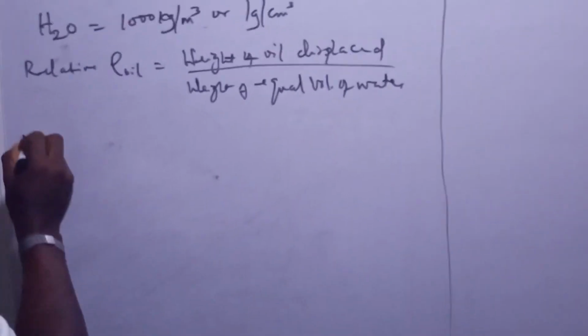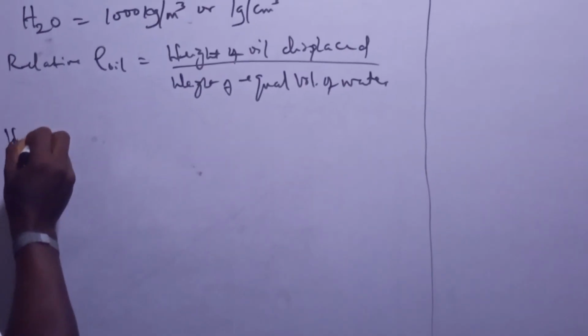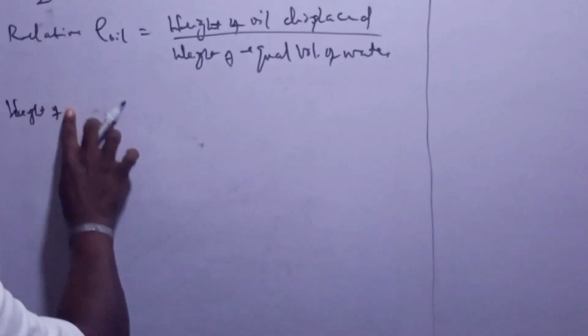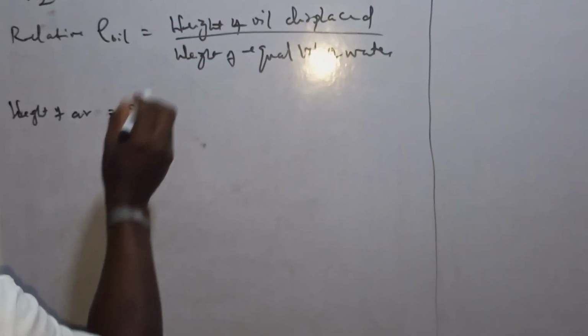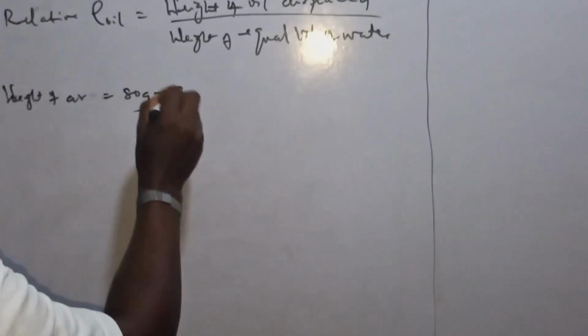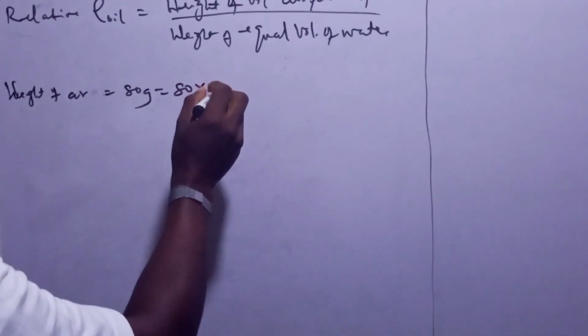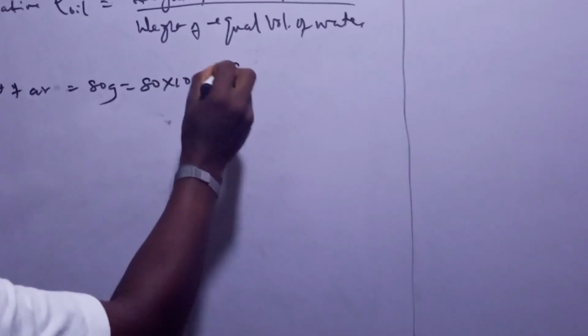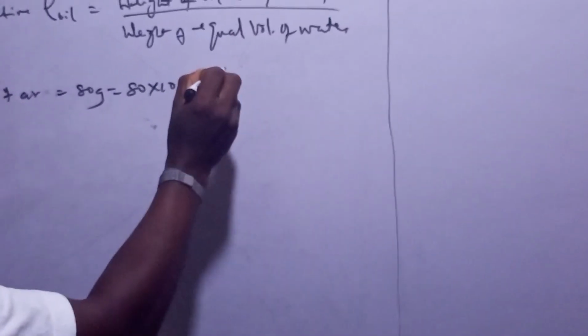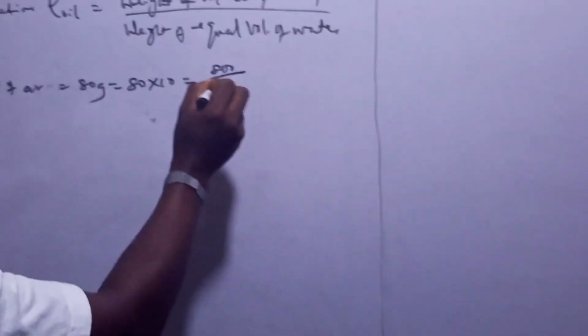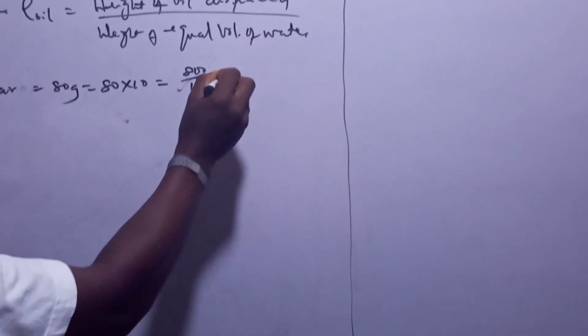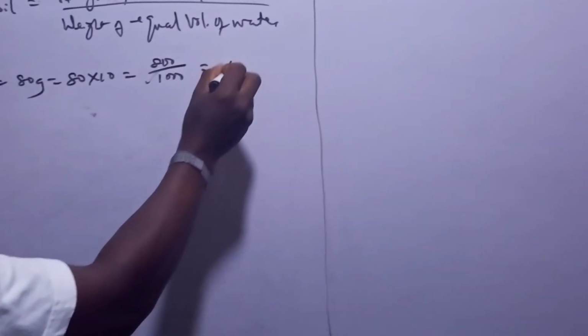Now, let's see what we're given here. We have that the weight of air is 80 grams, which is 80 times 10, which is 800, divided by 1000, which is finally 0.8 Newton.